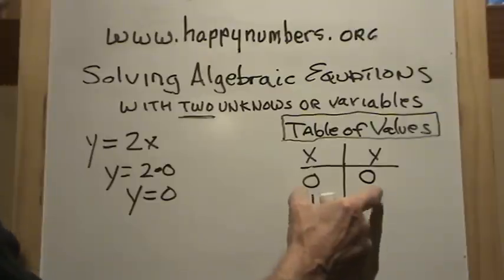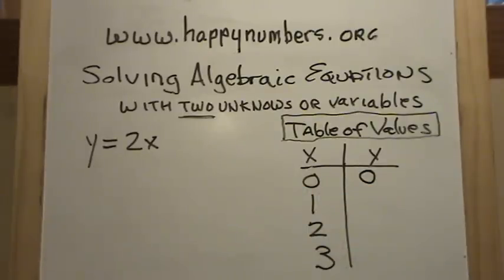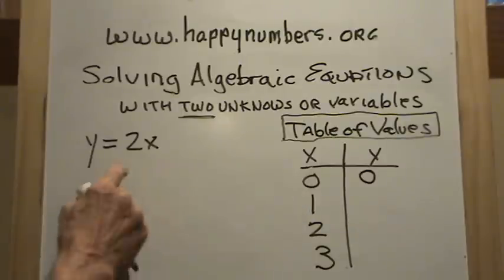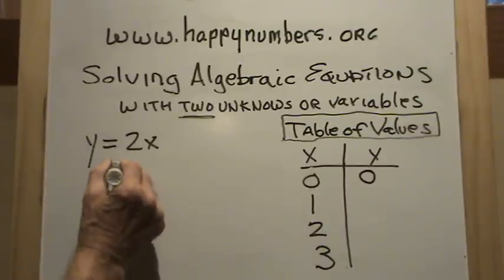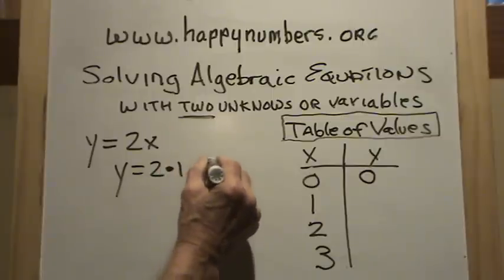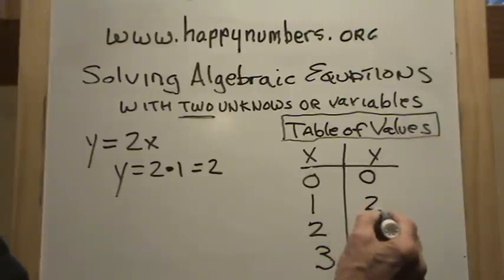And that's how we have two answers. Okay, let's then say, when x is equal to 1, what will y equal? Well, if x is 1, y is equal to 2 times 1, which is 2. So when x is 1, y is 2.